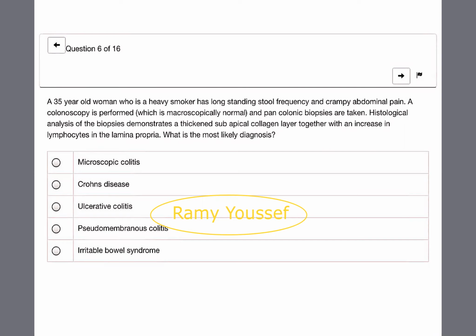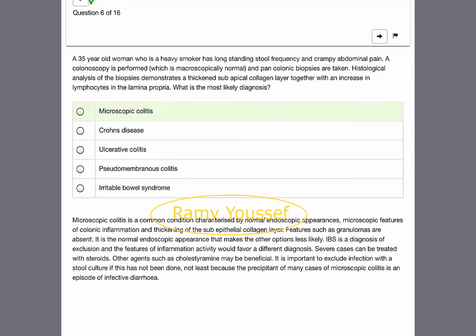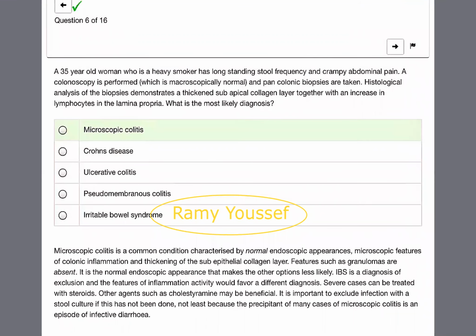Irritable bowel syndrome, you will find normal histopathology. So the only thing is microscopic colitis by exclusion. So this is one of the questions you go for by exclusion. It's a very rare question, but just keep it in mind. It may come again, maybe, but I haven't seen it for a long time.